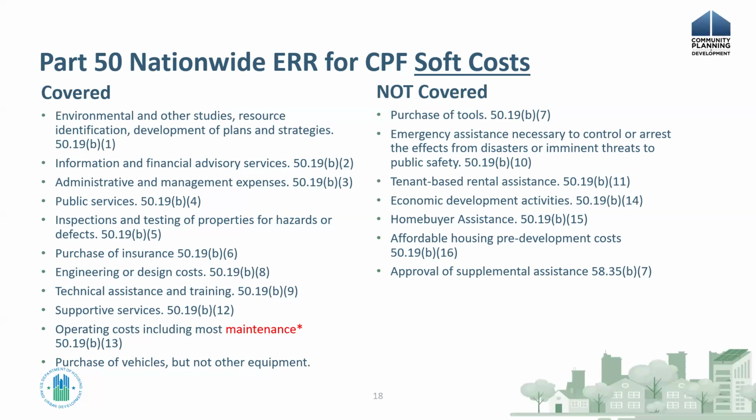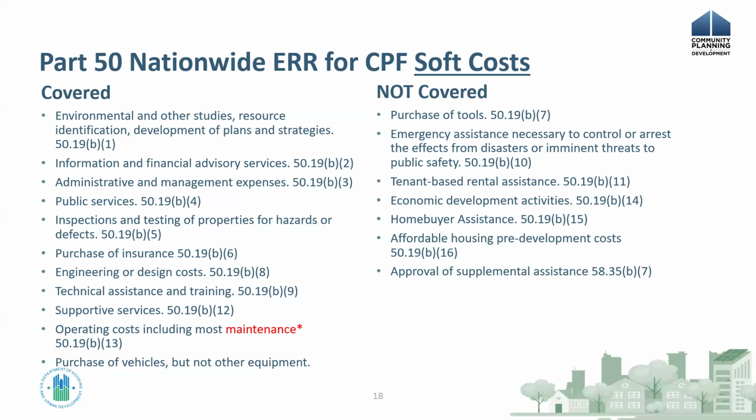So soft costs that are not covered by Part 50 Nationwide Environmental Review for CPF soft costs are costs such as purchase of tools, emergency assistance necessary to control or arrest the effects from disaster or imminent threats to public safety, tenant-based rental assistance, economic development activities, affordable housing pre-development costs, and approval of supplemental assistance as well.